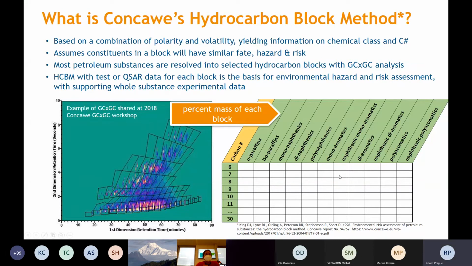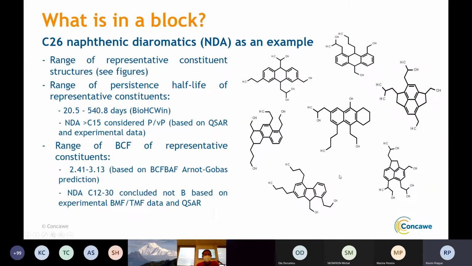So just to give you an idea of what is in a block, let's take the C26 naphthenic diaromatics as an example. I have on the right-hand side of the slide a number of different structures that would fall into this block. So you can see that there are different levels of alkylation. The cyclics, you could have C6, you could have C5, but they would all be grouped together in the same block.